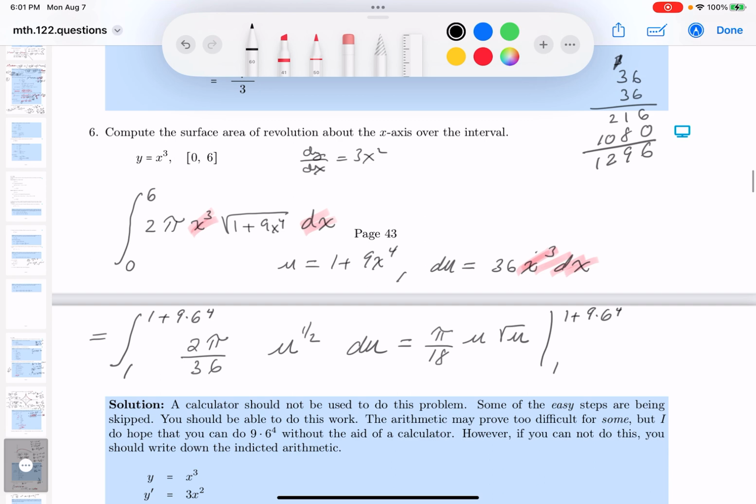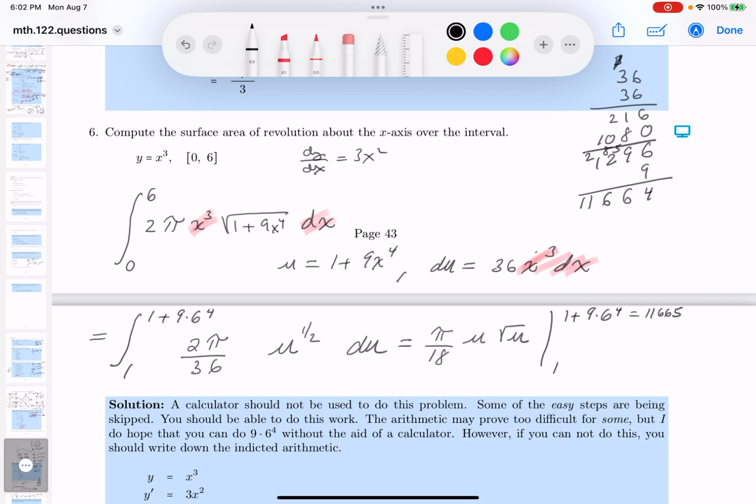What are you going to do with that? Multiply it by 9. 9 times 6 is 54. 9 times 9 is 81. 81 and 5 is 86. 9 times 2, 18. 18 and 8, 26. 9 times 1 is 9. 9 plus 2 is 11. Then we add 1 to it.